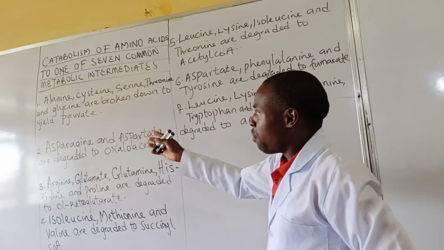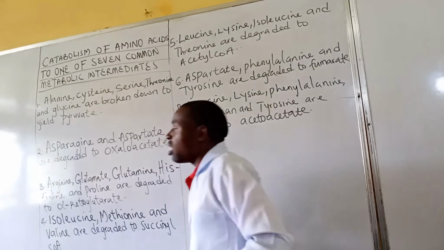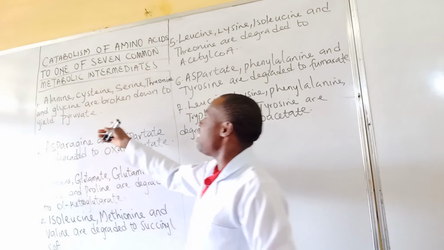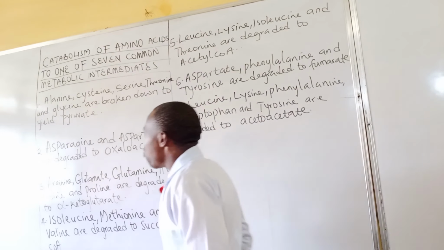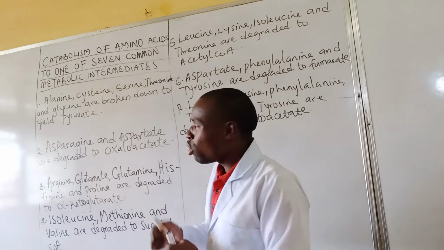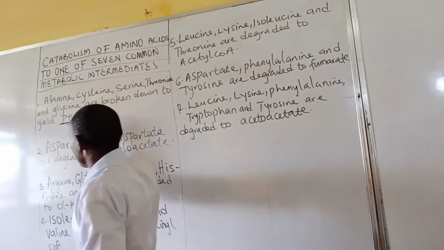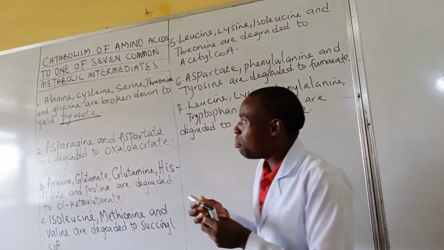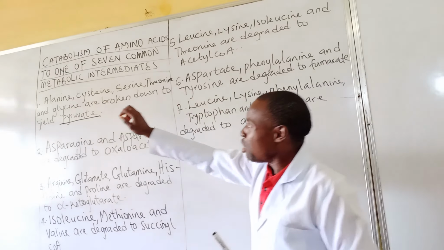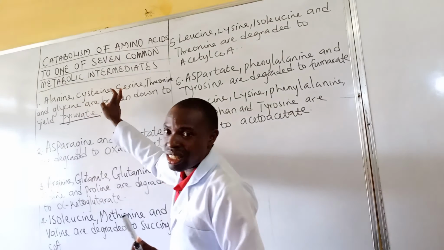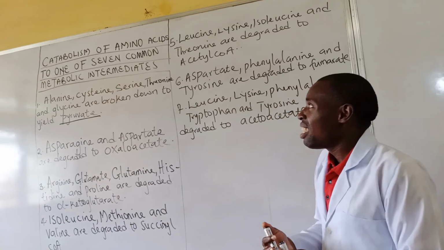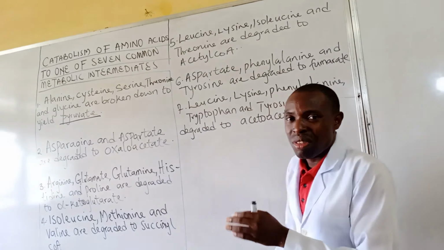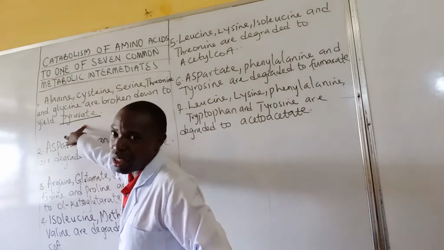Number one is alanine, cysteine, serine, threonine, and glycine, which are broken down to yield pyruvate. So please understand that when these amino acids are broken down, they yield pyruvate.